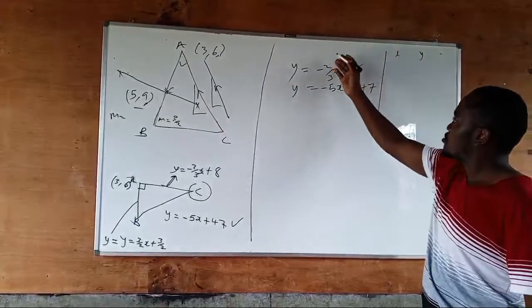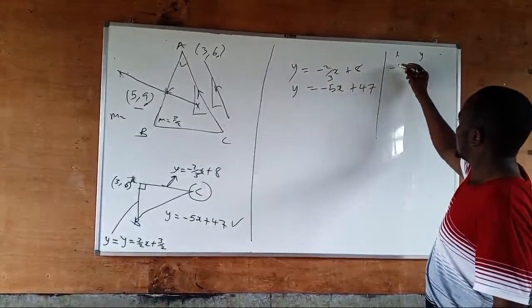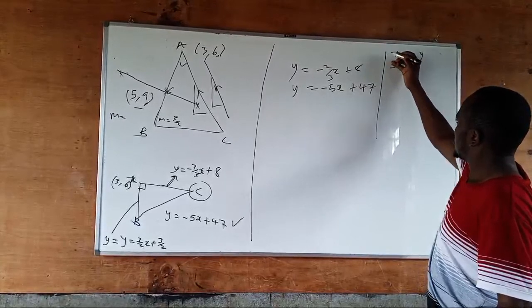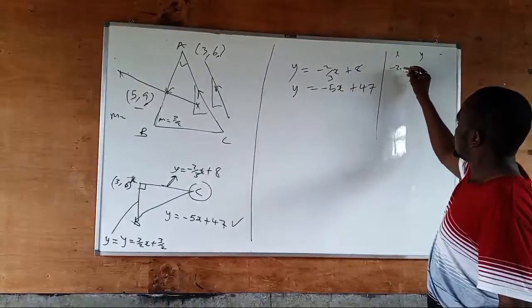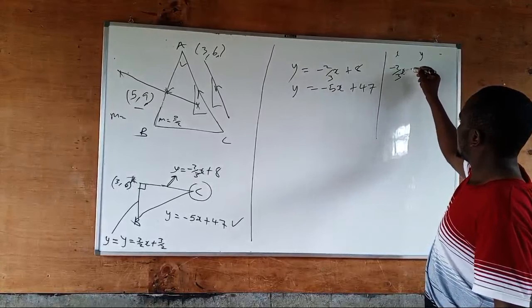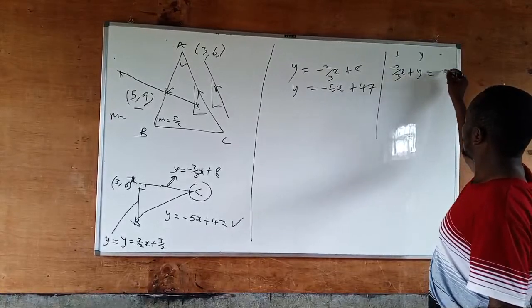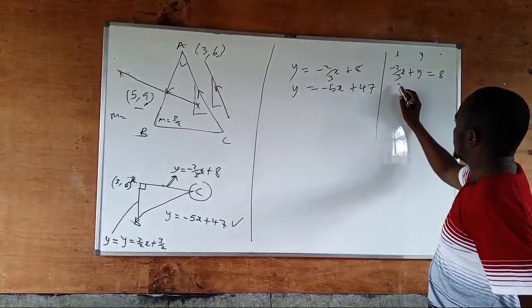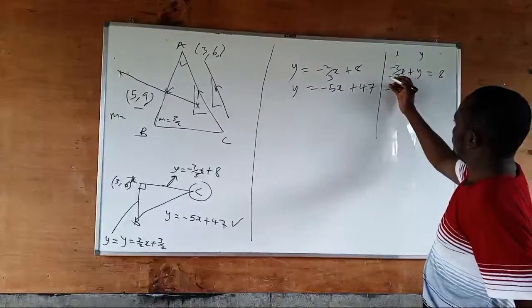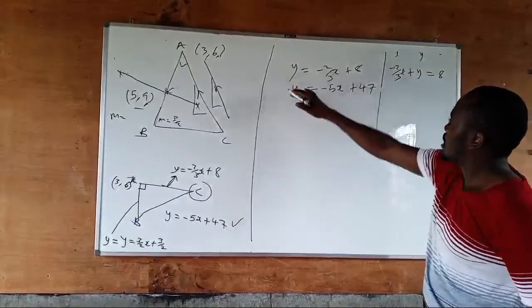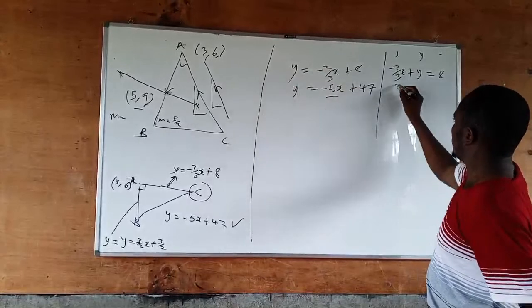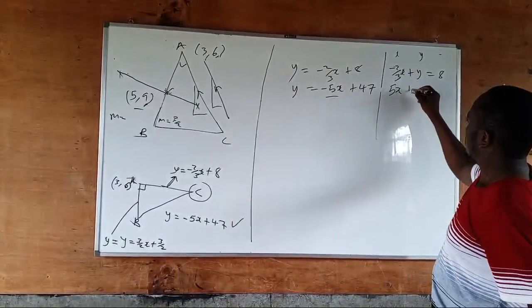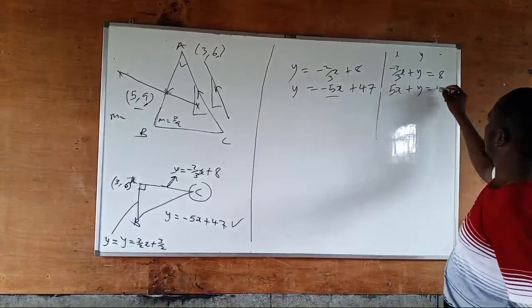So if you write correctly, itakuwa negative 2 over 3x plus y equals to 8, and then ukirewrite pande ingine upeleke this part x itakuja 5x plus y equals to 47.